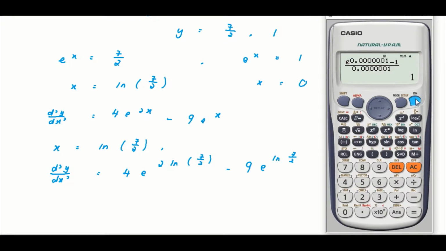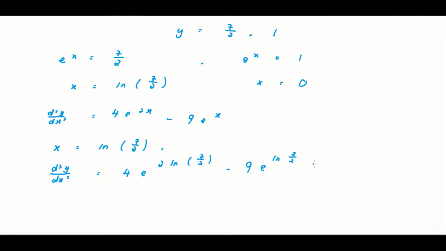Put in e to the power of 2 ln(7/2), then minus 9 times e to the power of ln(7/2). When you solve it, you get a positive value, which is 35/2. So 35/2 is greater than 0. If you can recall, greater than 0 means it's a minimum point, right?